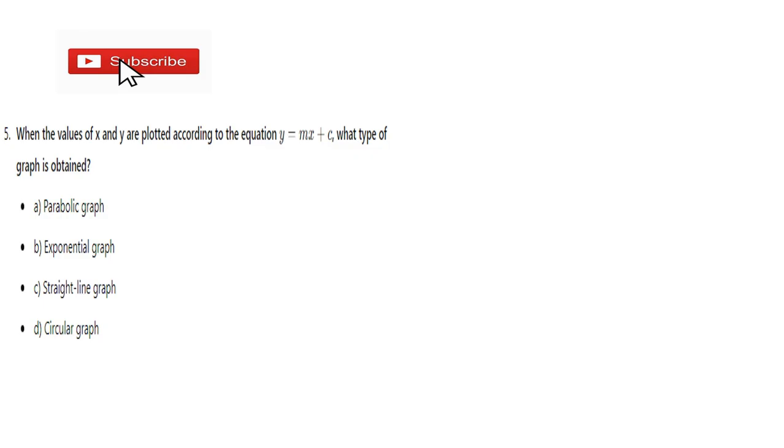A, parabolic graph. B, exponential graph. C, straight line graph. D, circular graph. The correct option is straight line graph. So as a student, I would like you to go and check what they mean by parabolic graph, exponential graph, and all of that.